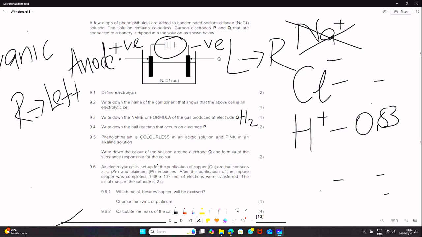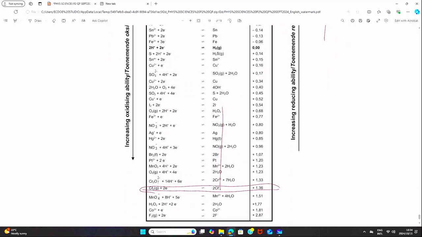Then the next question says, write down the half reaction that occurs on electrode P. Remember, our electrode P is positive and is the anode. Because this is the anode, this is where oxidation takes place. You go back to the table, you come to the electrode P. You're going to write exactly this reaction.